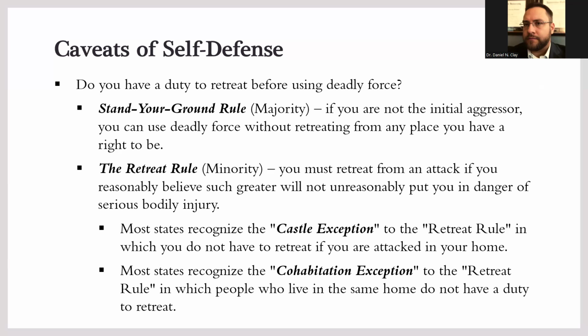Now, again, you can say there's some good to this and some bad to this, right? The good is it kind of empowers victims to not have to necessarily live in fear. But the bad is that it encourages vigilante justice. So if we look at Trayvon Martin's killer, the man who attacked him basically said he was standing his ground.